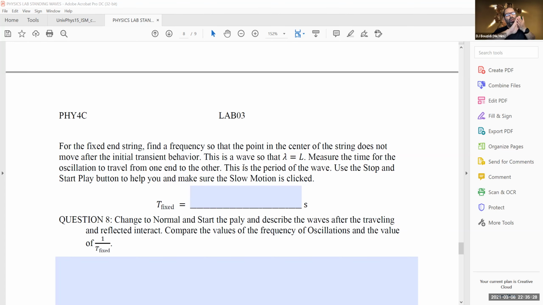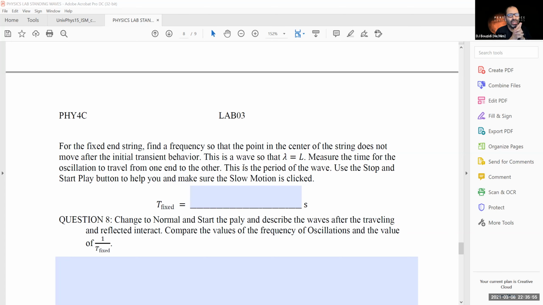So try to move it small and see when you can get 2 basically empty nodes and a node in the middle. I know the ends are fixed because that's what it is. It's a fixed string, okay? The 2 ends are nodes. We need the middle somewhere where that is going to be fixed. You will find difficulty finding it when it's exactly fixed. But if it's close enough, that is the value for the frequency in this case, okay?